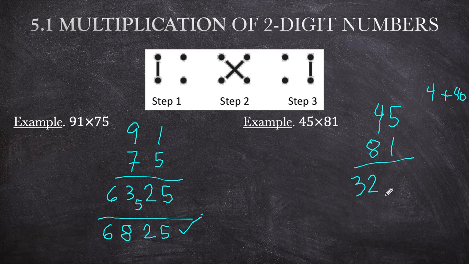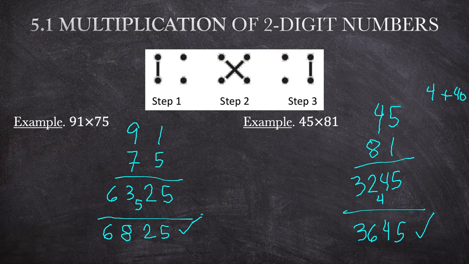So 40 plus 4 is going to be 44. Bring down 5 here. That's going to be rather 5 times 1, right? So that's going to become 5. So do the necessary carries. We have 3, 6, 4, 5, and that's our answer for this example here.